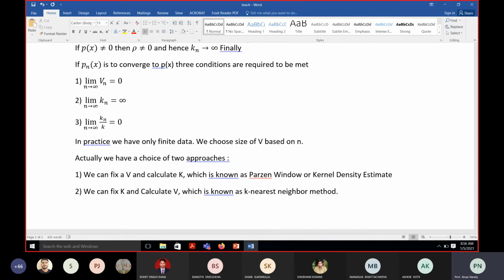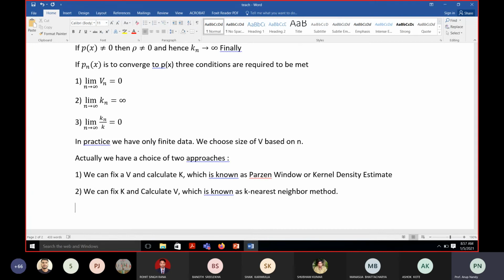So for pnx to converge to px, three conditions must be met: limit n tending to infinity Vn is equal to 0, limit n tending to infinity Kn is equal to infinity, and limit n tending to infinity Kn by n is equal to 0.